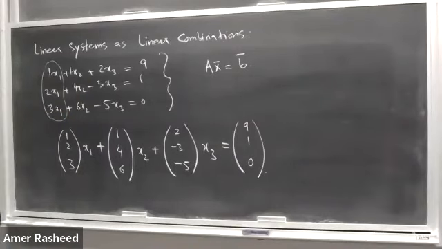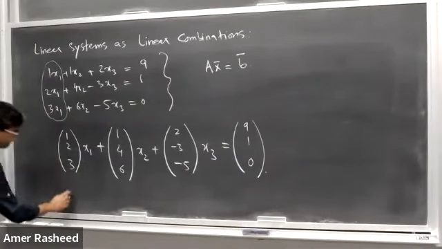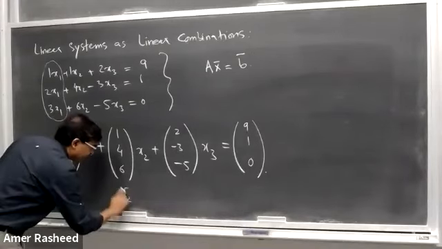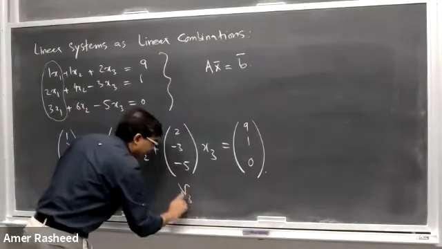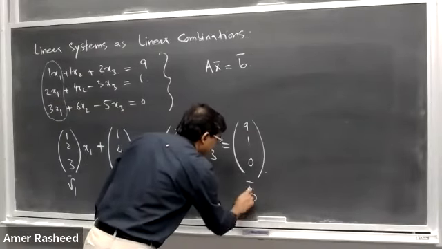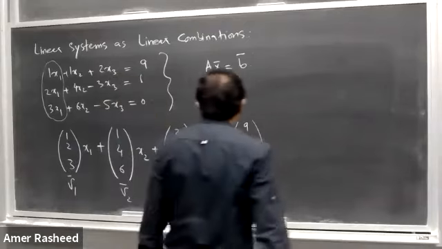Now, if we say that this is a vector v1, this is a vector v2, and this is a vector v3, and this is the vector b, the right-hand side vector. Now, how can we write this expression?